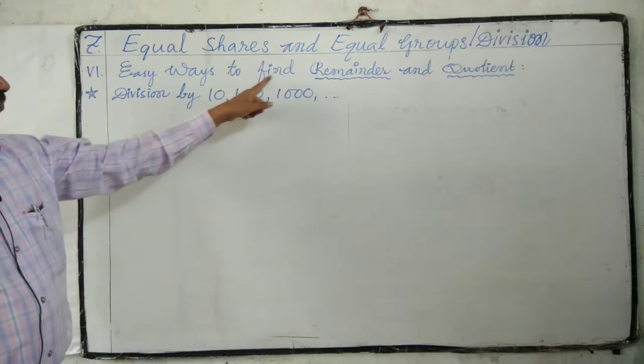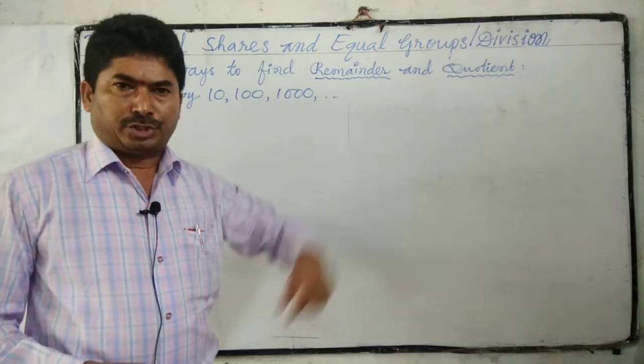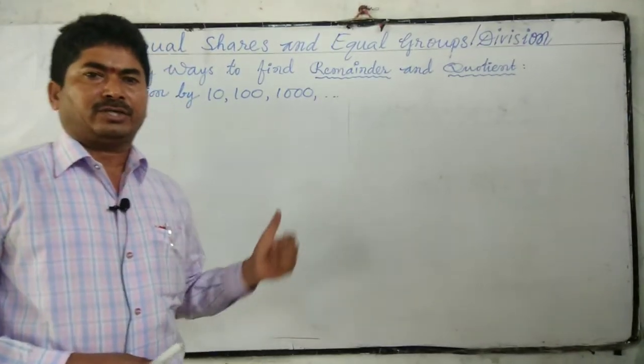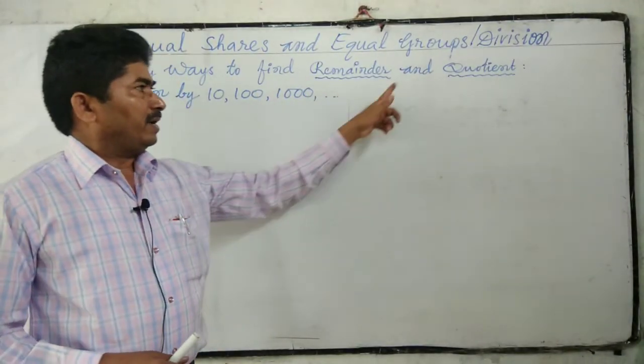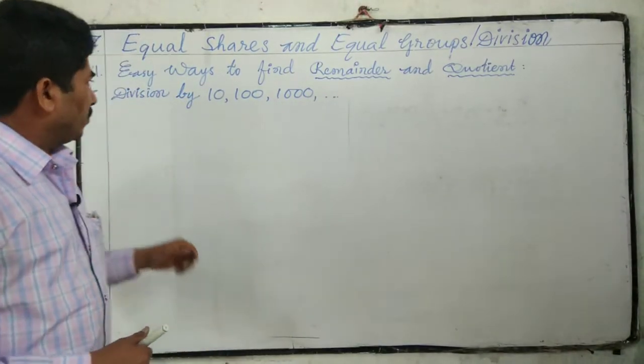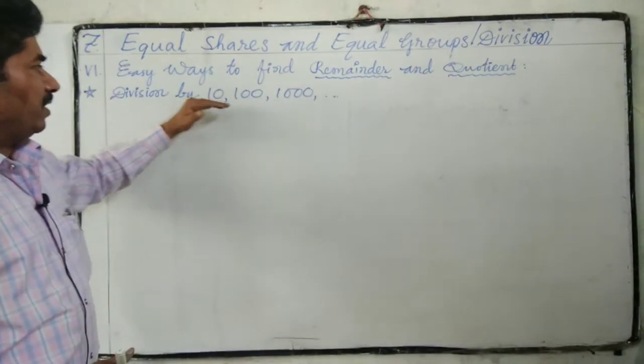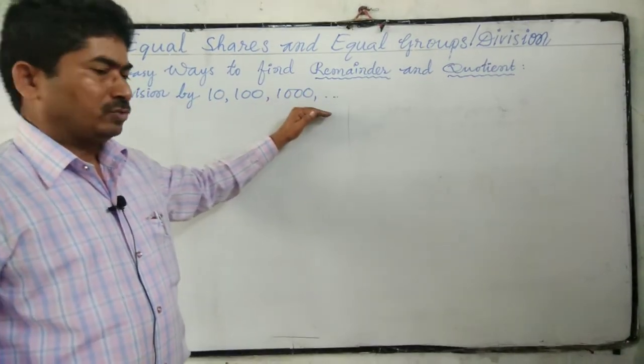Easy ways to find remainder and quotient. In this, we are going to learn division by 10, 100, 1000.